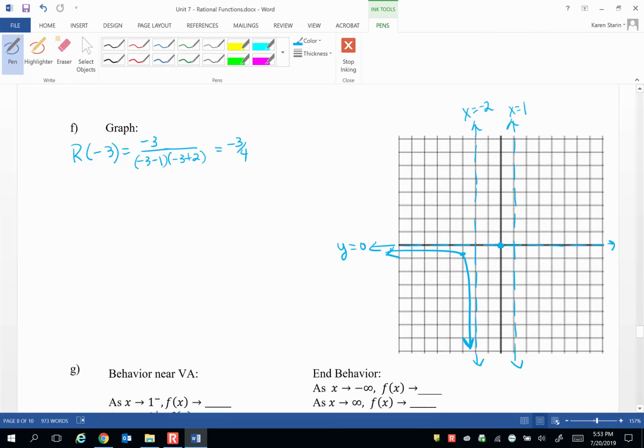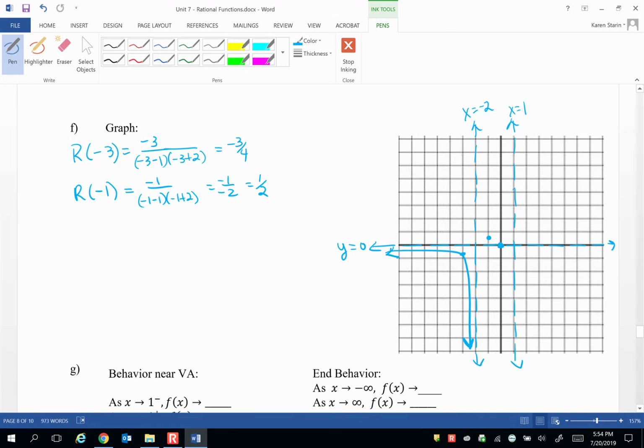Now around the origin, I'm going to pick an x value to the left of the origin. So maybe I'll pick -1, r of -1. So I have -1 divided by -1 minus 1 times -1 plus 2, and that equals -1 over -2, so that's 1/2. So I have -1, 1/2, so I'm about here.